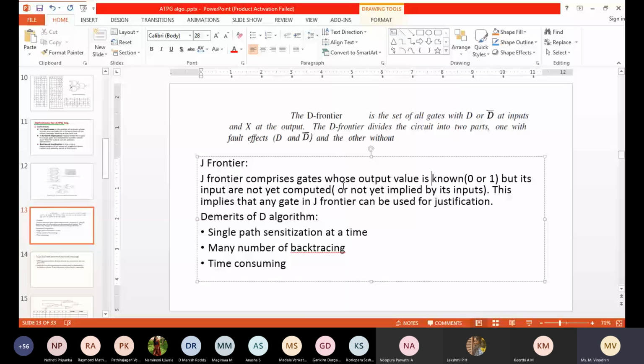Am I right, students? When you do line justification, you travel backward. You know the output, and you check whether this input is possible or not. So D frontier goes with propagation or justification?